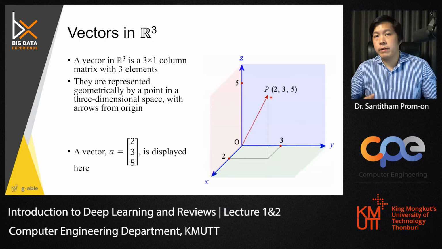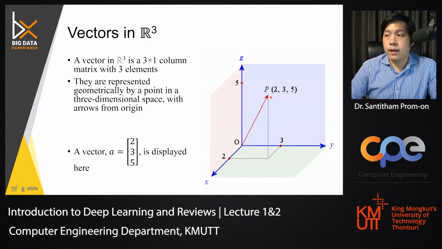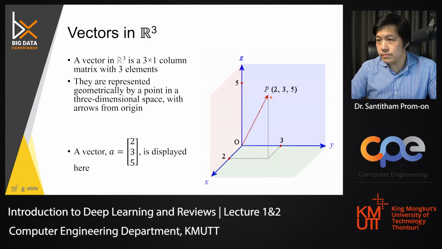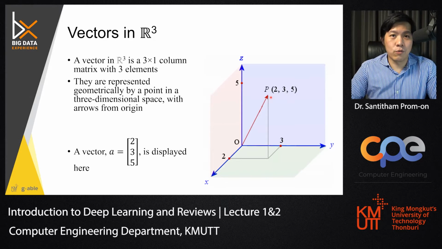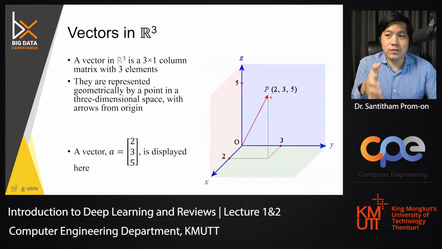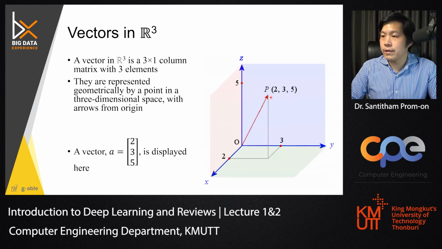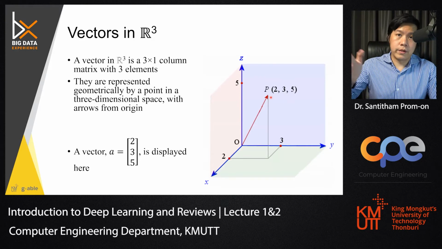Or you can think of it differently: you can start from 1, 1, 1 and then point to 3, 4, 6, and it is still the same vector. But that is like high school math, and I'm not going to go into that part. At least here, a vector in R3 can be represented as a set of 3 values written together. It represents the direction and the movement toward that direction.